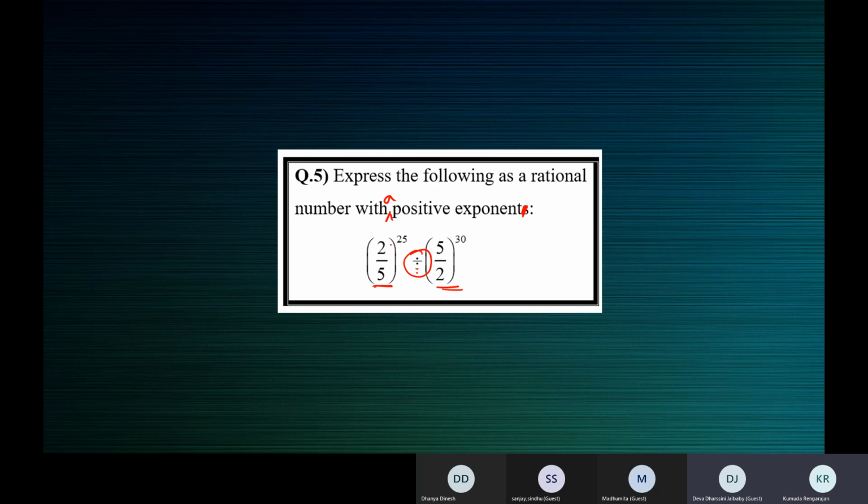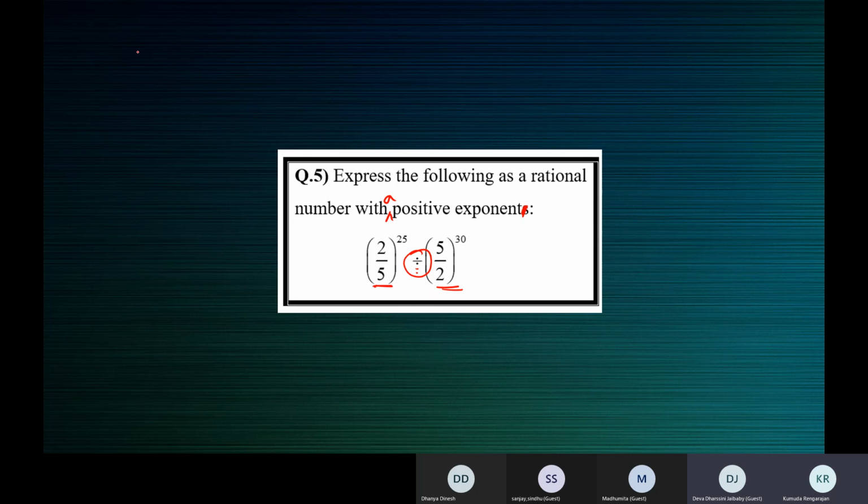In the first expression, the base is 2 by 5. In the second expression, the base is 5 by 2. So you must make both of them 2 by 5 or both of them 5 by 2. Only then you can use the law of exponents.